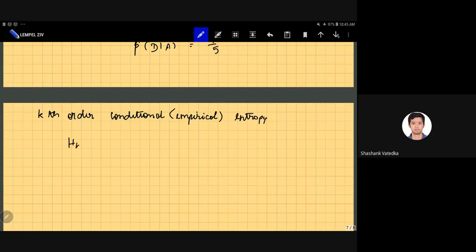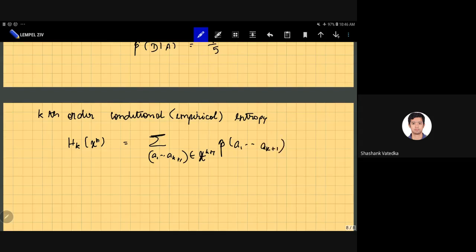I'll call it hk of xn. It depends on what the sequence xn is, and it is the summation over all a1 to ak plus 1 in X to the k plus 1 of p hat of a1 through ak plus 1.